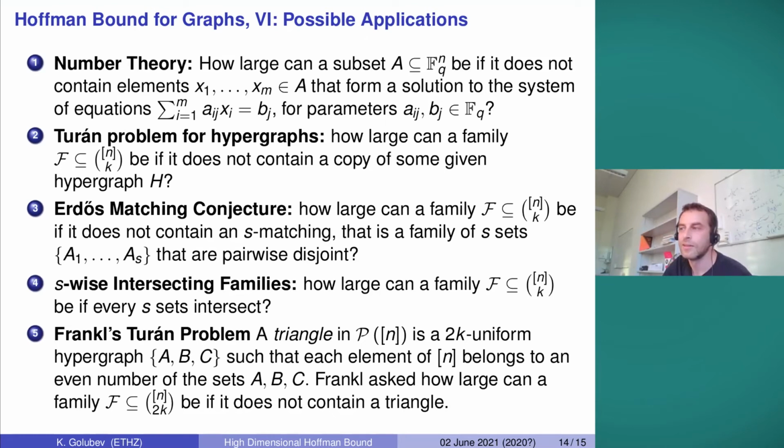And Frankl's Turán problem, where you don't want to contain a triangle, which is 3 subsets, such that each element of n belongs to an even number of the subsets A, B, C, meaning 0 or 2.